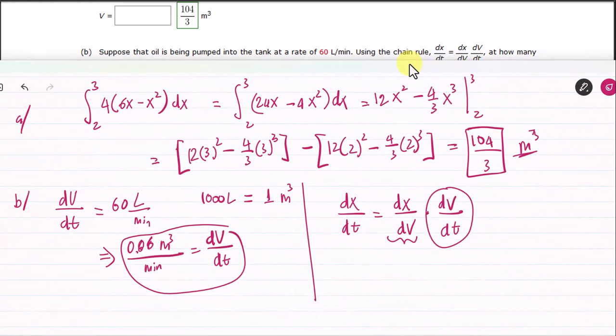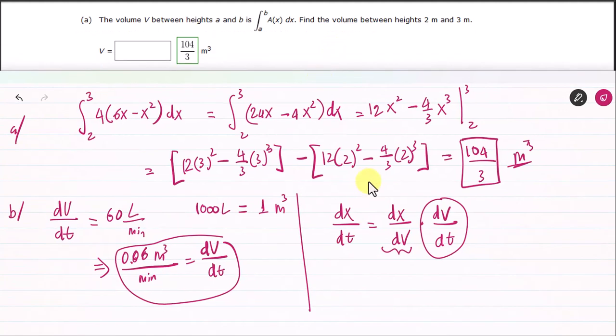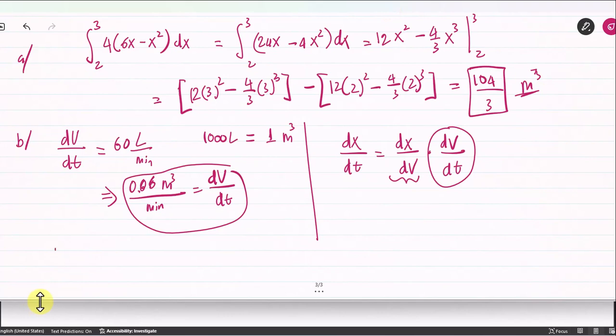If you remember from part A, we know the volume is equal to the integral of the cross-sectional area. So I can find V prime of x, or dV/dx, which is the derivative of the integral.